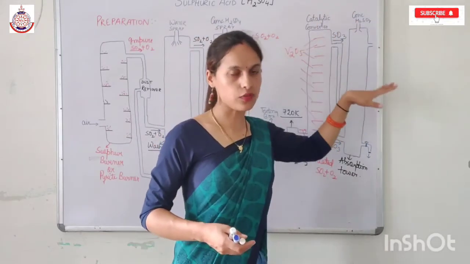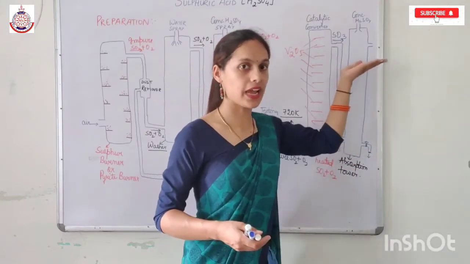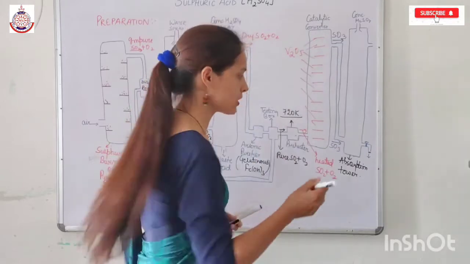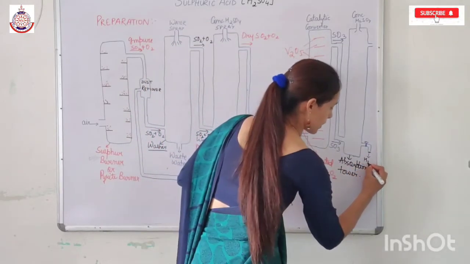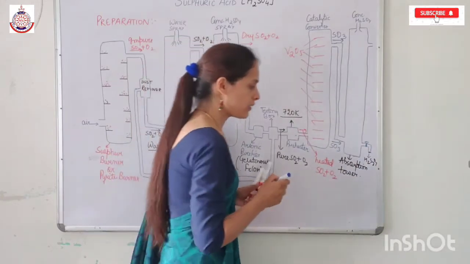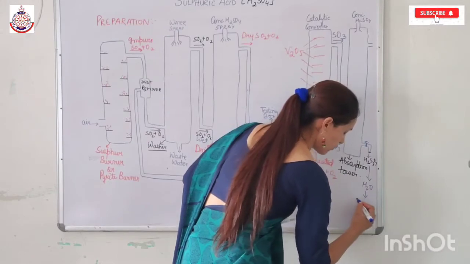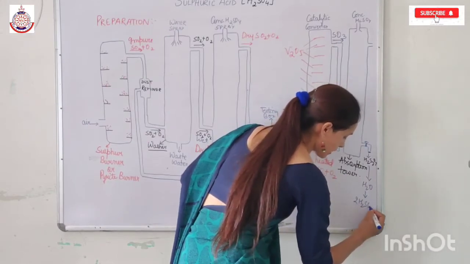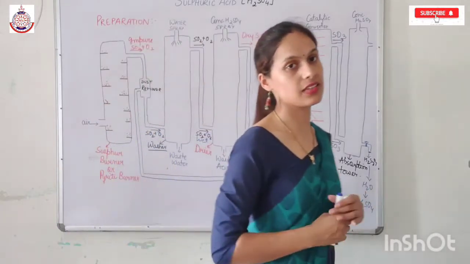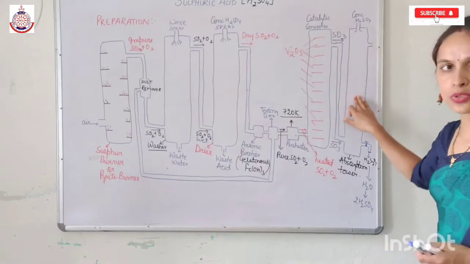That spray of concentrated H2SO4 reacts with the upcoming SO3 and gets converted into H2S2O7, that is oleum. When we dissolve this H2S2O7 in water, we get the desired concentration of sulfuric acid. So this is the absorption tower.